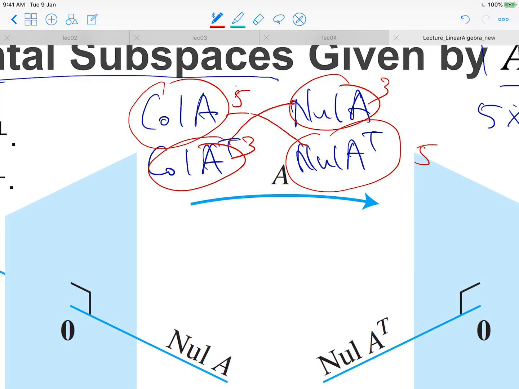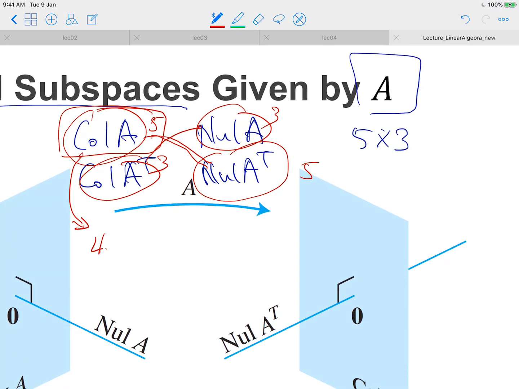Bringing these two, which are both in the 5-dimensional space: if the dimension of the column space of A is maybe 4, which cannot be 4, let's call it 2.